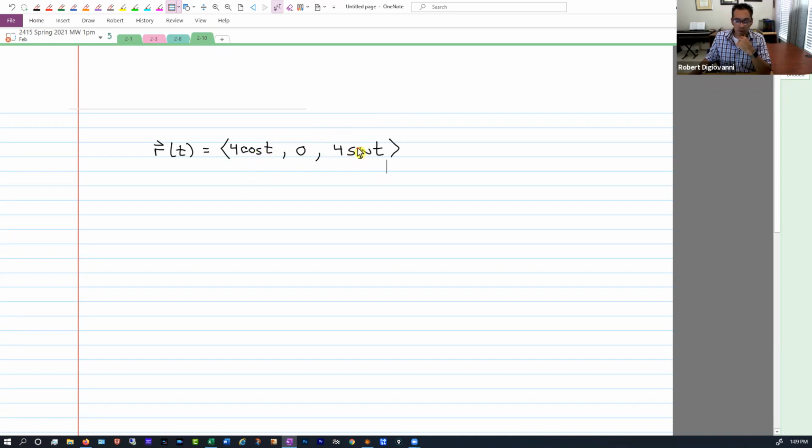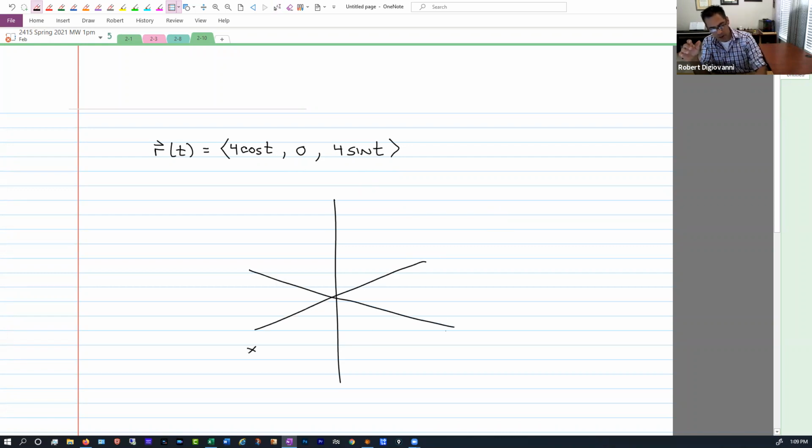This should still draw a circle of radius what? So this number here is the radius, okay? So this should draw me a circle of radius 4, but where, right? Because it's 3-dimensional. So if this is our x axis, and this is our y, and this is our z axis, here our y is always 0, isn't it?